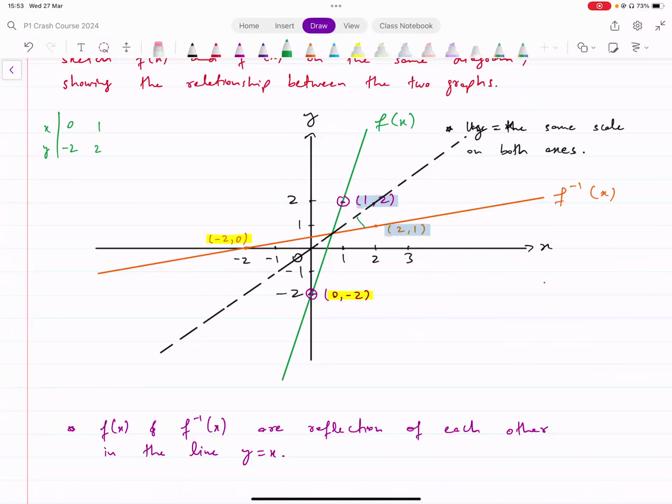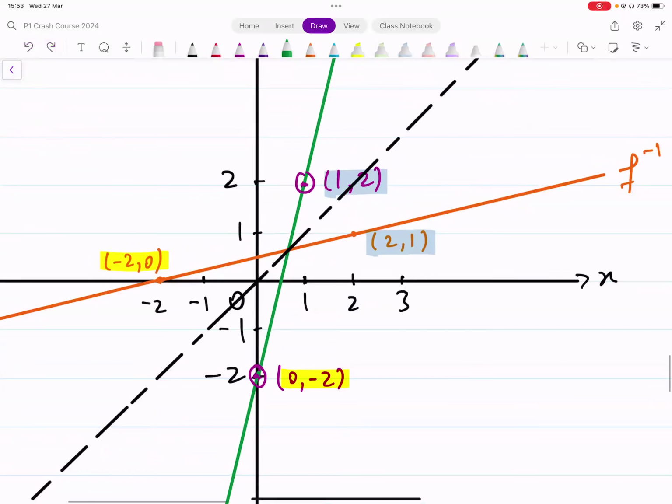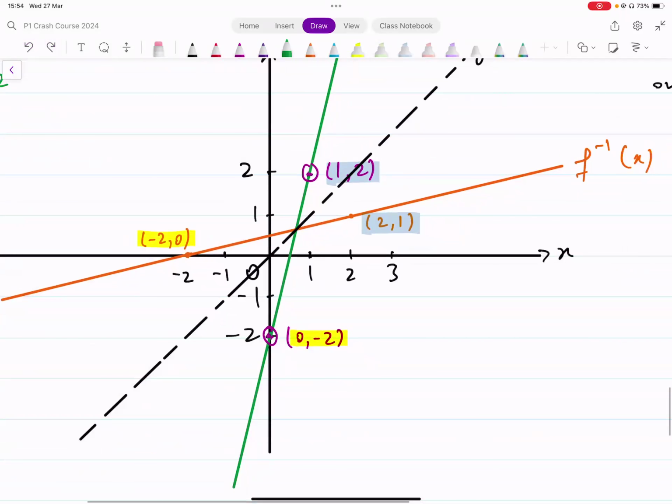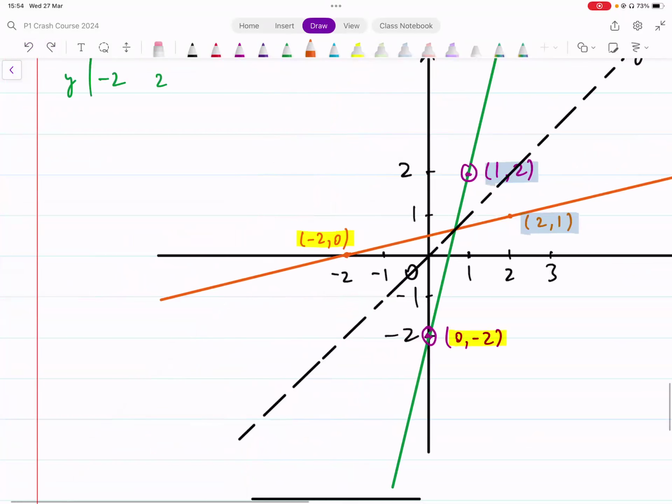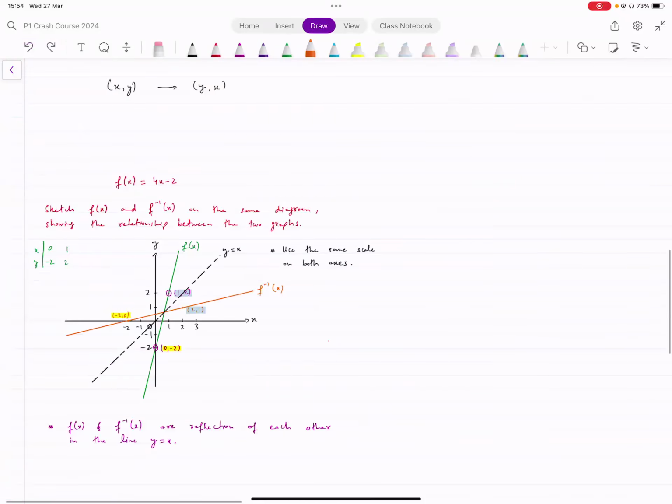The perpendicular distance here is no longer equal, right? So they're not reflections, and they do not look like reflections anymore. If you had the same scale like we had originally, here they look like reflections of each other. Perpendicular distance from the line of reflection, they are equal on both sides. So that's why it's important to always use the same scale.